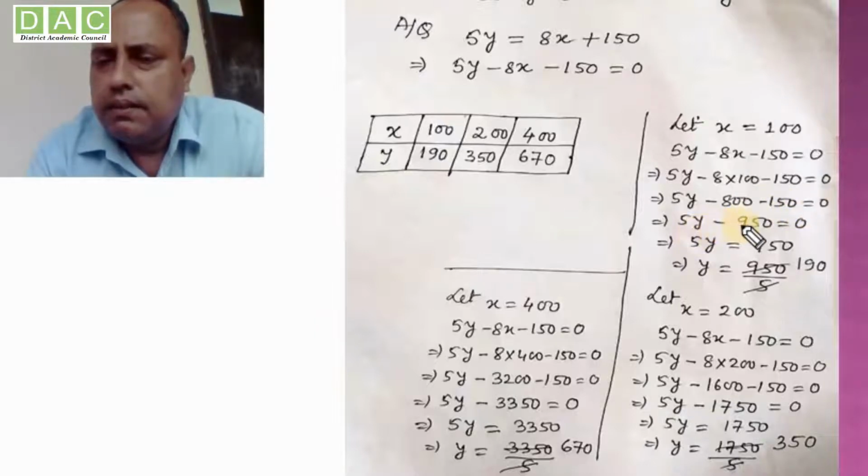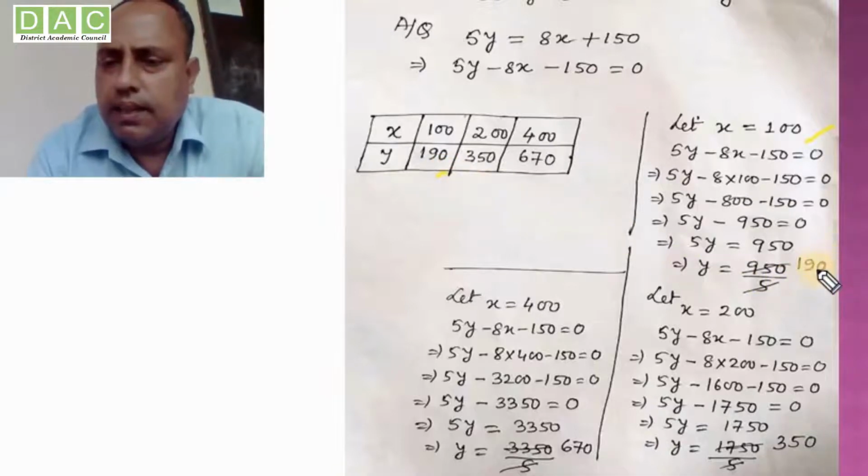Then 5y minus 950 equals 0. Next line implies 5y equals 950, and then y equals 950 divided by 5, which is 190. So when x is 100, y is 190.